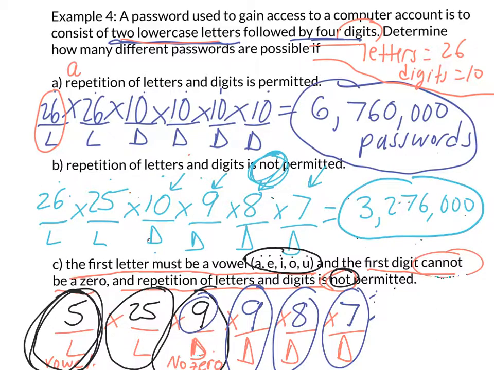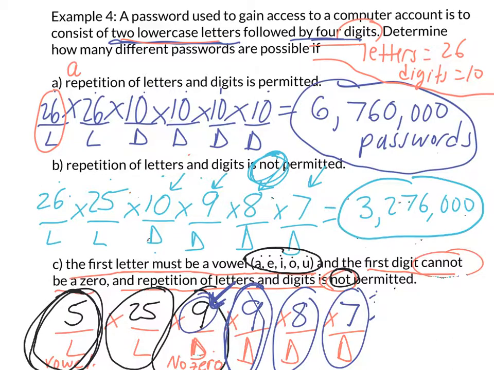So again, to summarize, the first digit could be anything as long as it's not 0. So that's 9 total options, 1 through 9 to choose from. You'll pick one of those 9 numbers for the first spot. Then you can use 0, you just can't use the one number you selected in the previous spot.